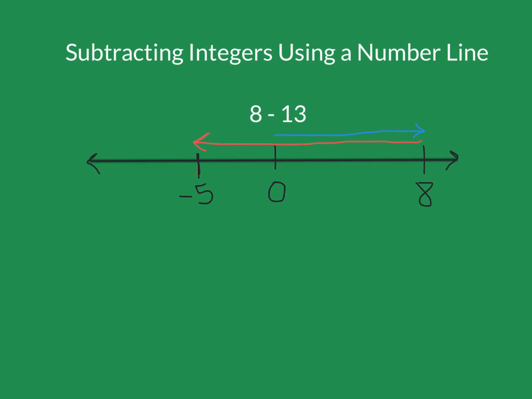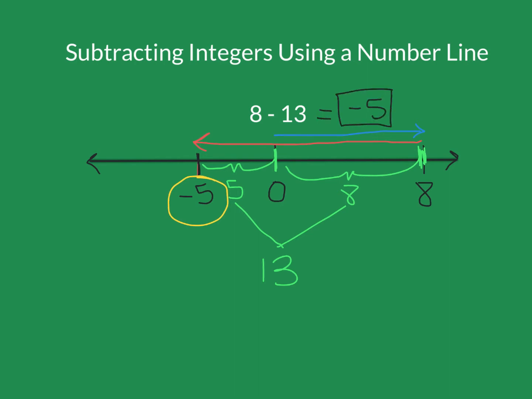The way we know that is we started at 8, we jumped 8 spots, and then we continued 5 more spots to get to negative 5, and if you add our 8 and our 5, that gives us our 13 that we got rid of. So negative 5 would be our answer. 8 minus 13 equals negative 5.